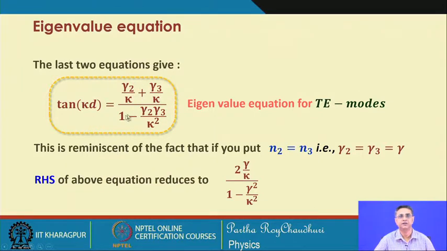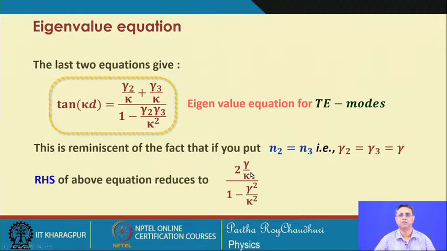But looking at this equation for the asymmetric waveguide, it reminds us that if you make the two layers the same, that is the top and bottom layers, that is if you make n2 and n3 the same, then gamma 2 equals gamma 3. Let us suppose that is equal to gamma, then the right hand side of this equation becomes twice gamma by kappa divided by 1 minus gamma squared by kappa squared.